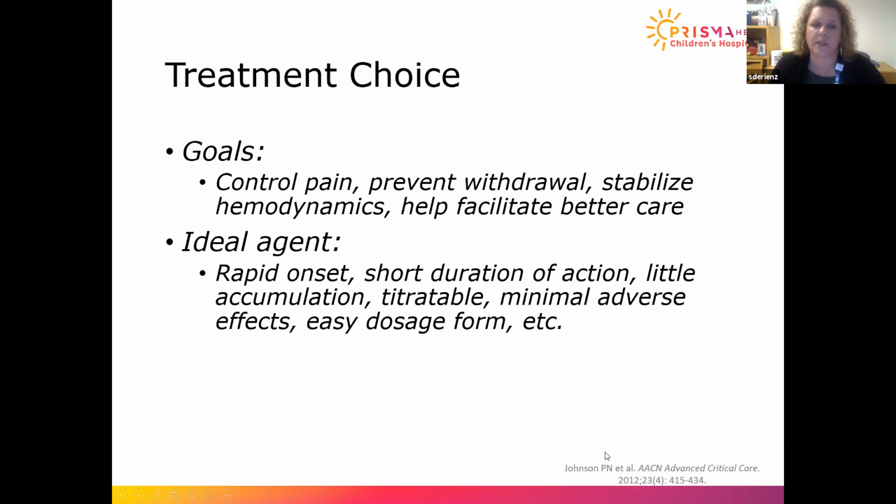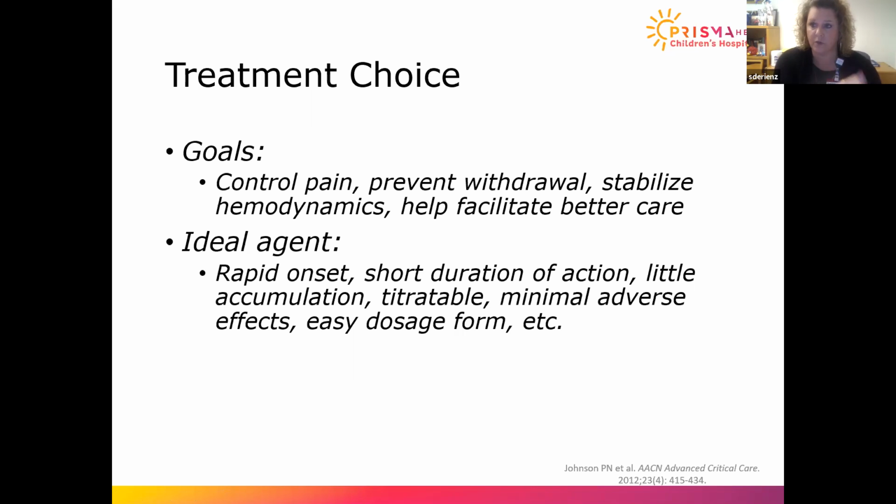So when we're deciding on what we're going to use for our pain management, we have some treatment choices to make. So of course, with your goals comes talking to the patient and the family. We've got several different scenarios here.